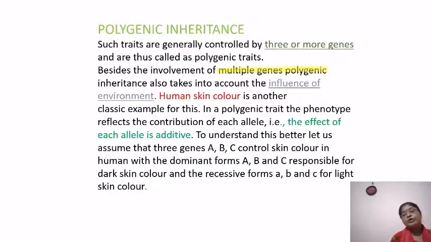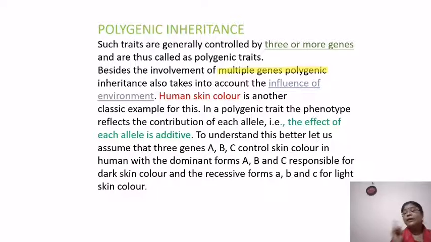That is why it is called polygenic effect, polygenic inheritance. One is multiple allelism, which was your blood group, where there was a single gene having different alleles. So the loci was the same in that condition. The location of the gene in the case of multiple allelism was the same, but the type of allele was varying.